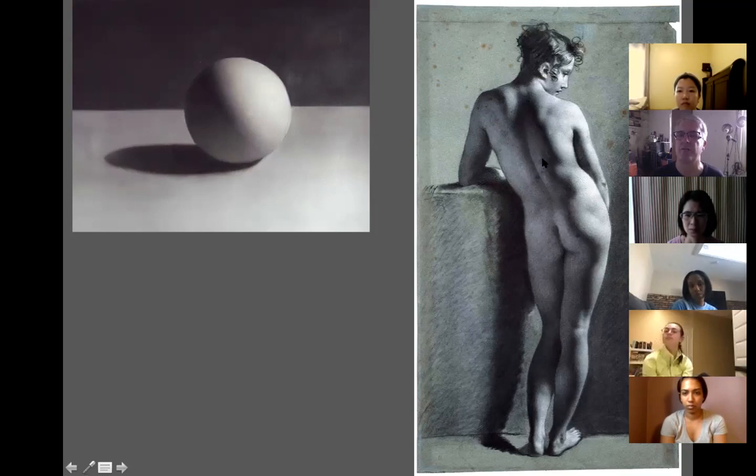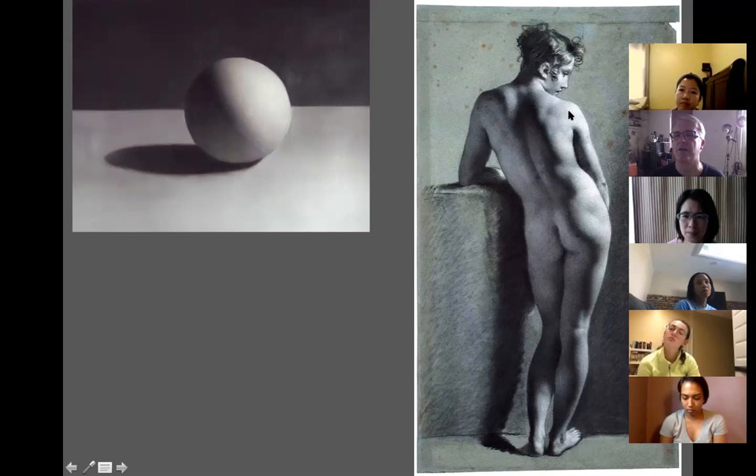Then we have the reflected light, so light bouncing off reflecting surfaces back into the shadow mass. We have the very clear core of the shadow. We have the halftones that roll the form around from the shadow into the light.